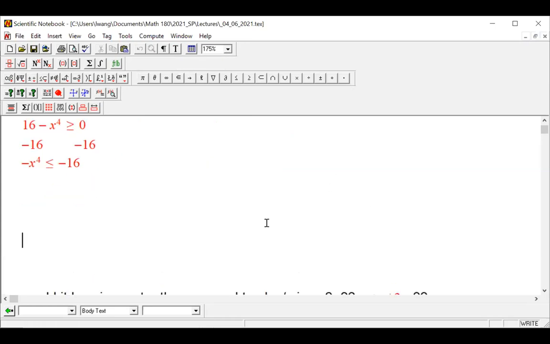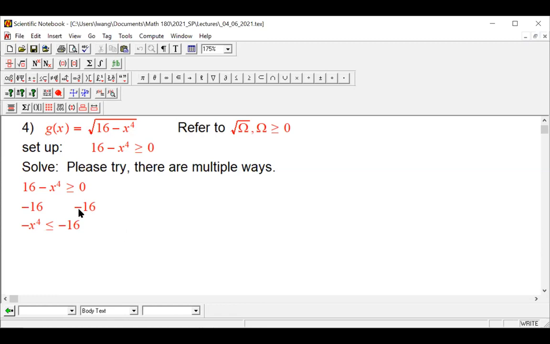I want everybody to pay attention to this. And the next step he showed, he divided by -1. And then he has the root of x to the power 4. And then he switched.